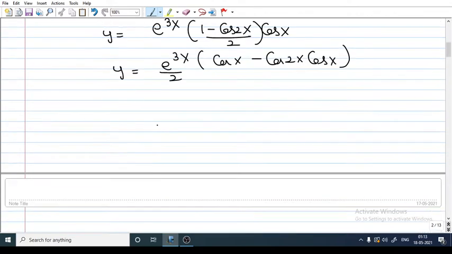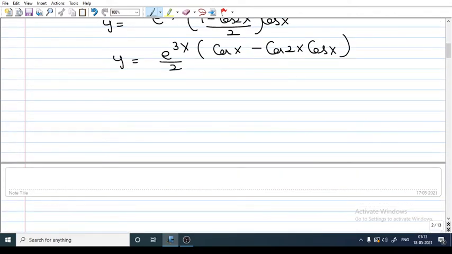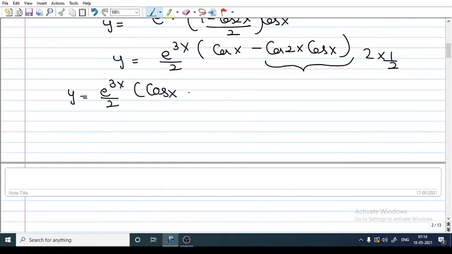After this we can multiply and divide this part by 2. So let's do it. We have e power 3x by 2 into cos x minus 1 by 2 into 2 cos 2x into cos x, right?